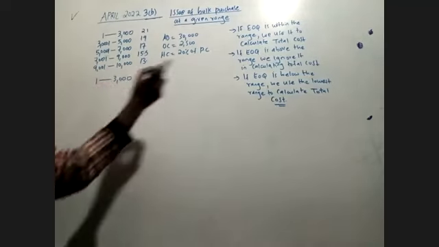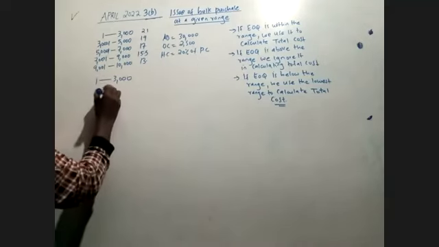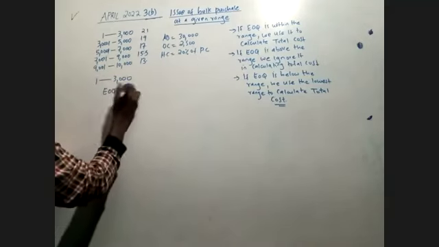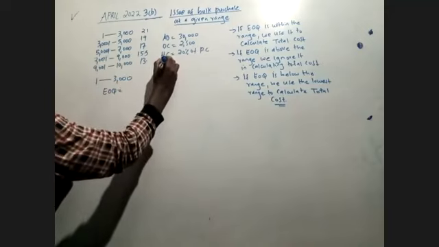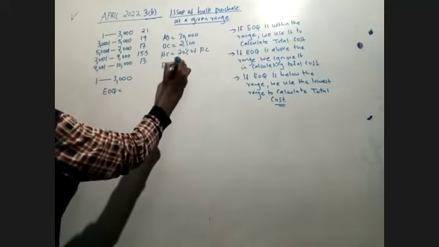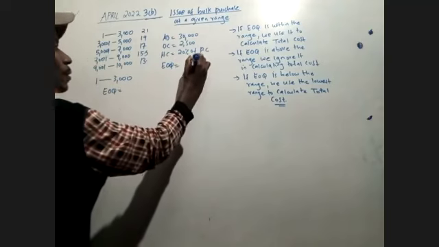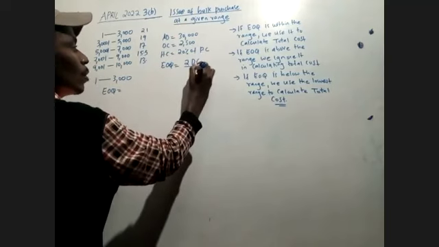The first thing we do is calculate the EOQ. We know the formula, so let us put it here. EOQ formula is the square root of 2DCO over CH.